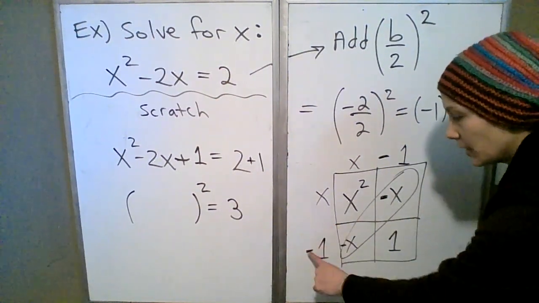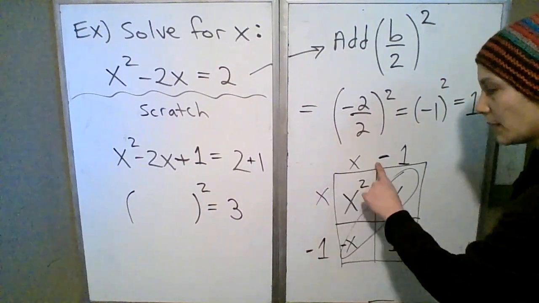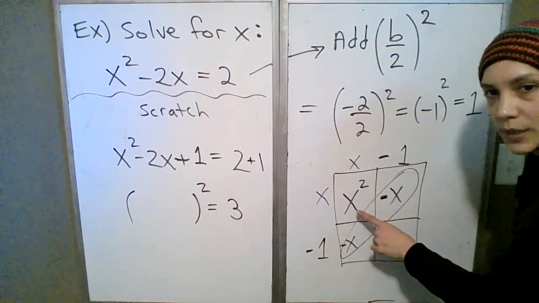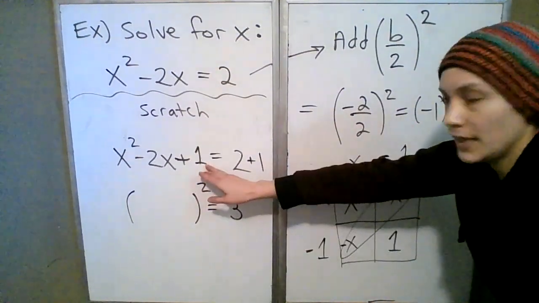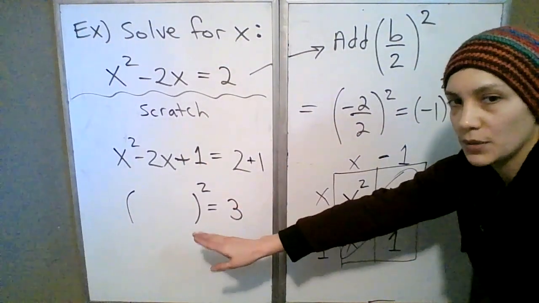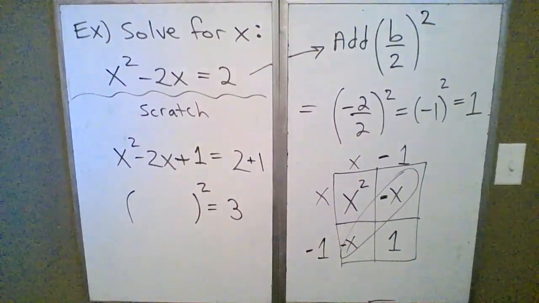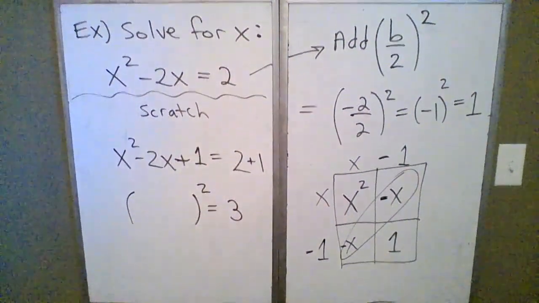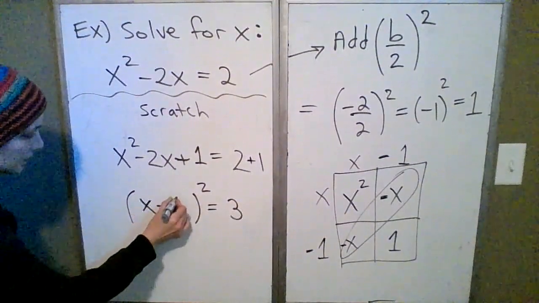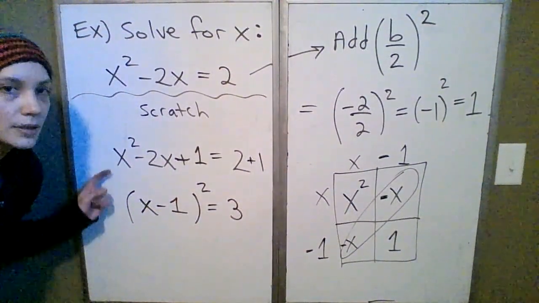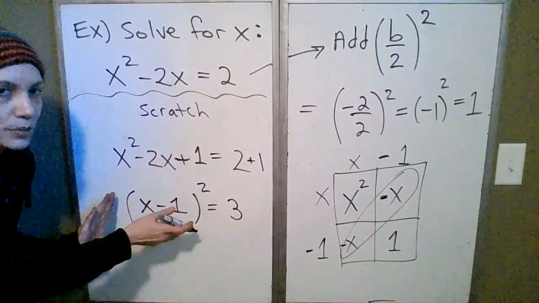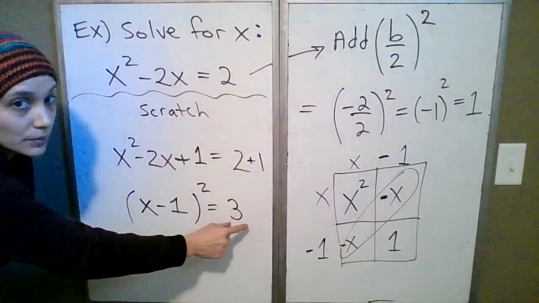Okay, so x minus 1 times x minus 1 is x squared minus 2x plus 1. So I can write this as x minus 1 squared. So this side is the completed square, and on this side I have 3.